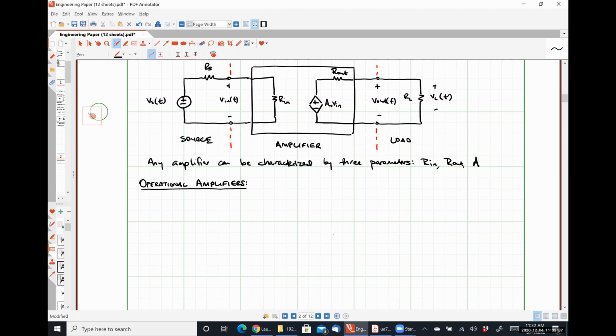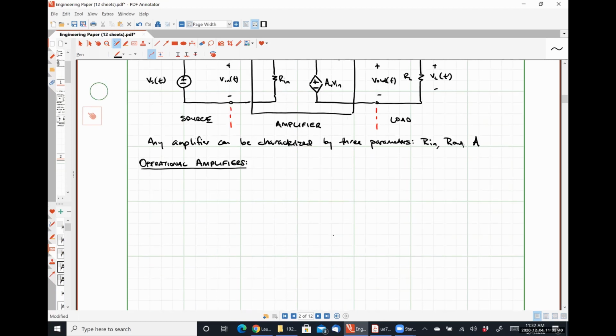So with that in mind, I'm going to draw the practical model for an op-amp. So we have our input resistance. This terminal I'm going to label as V+, so this represents the non-inverting input terminal. This terminal is V-, so it is representative of the inverting input terminal.